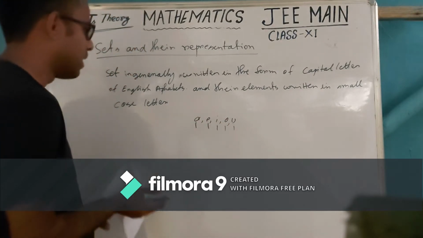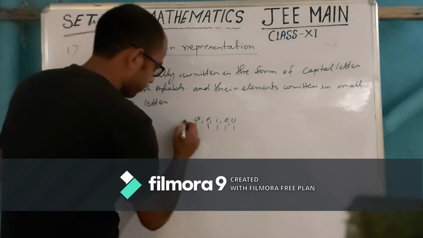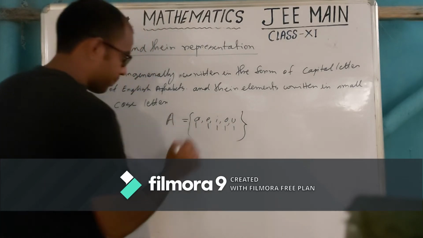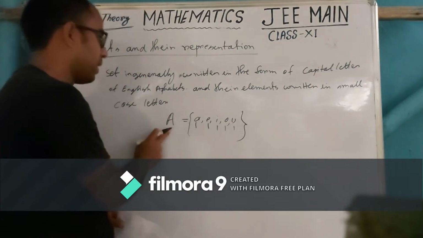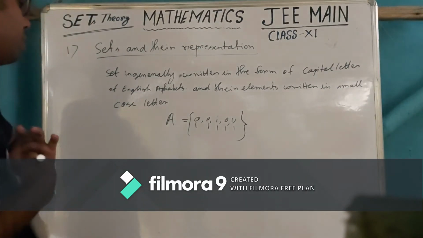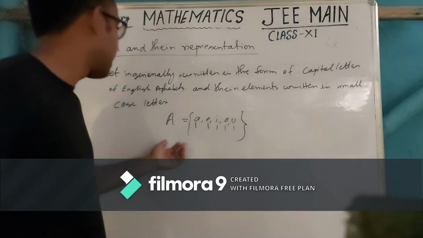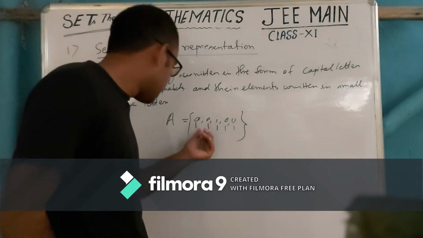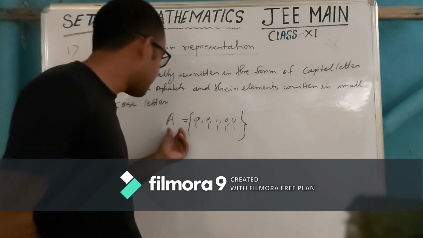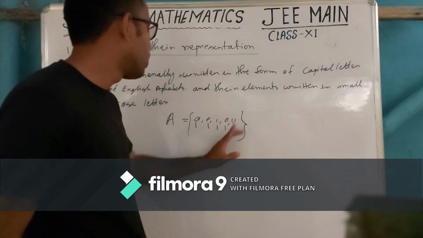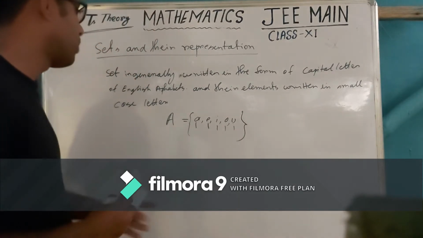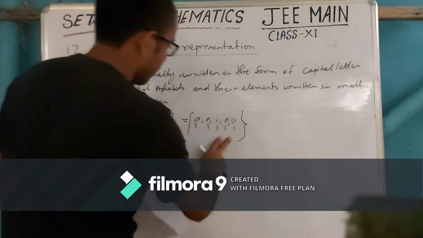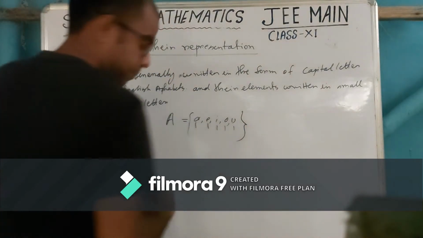So we can define a particular set A, where A is a capital letter. Here we denote the set by capital A, and its elements are small letters a, e, i, o, u, which belong inside the curly brackets, separated by commas, etc.